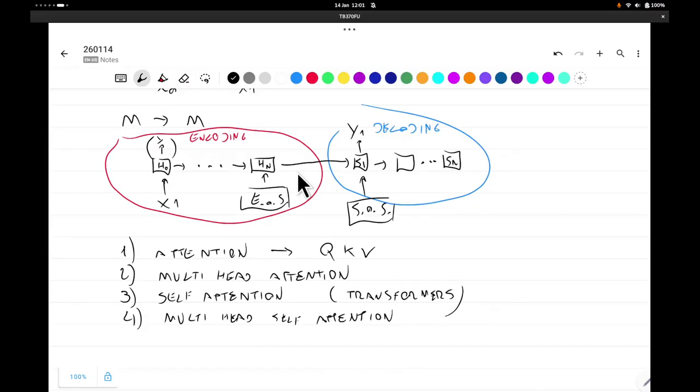So it has, just to give numbers, to have an order of magnitude, the number of heads is of the order of 100, like 96 of these, and overall you have on the order of billions, more like 100 billion parameters that you train for the overall network.